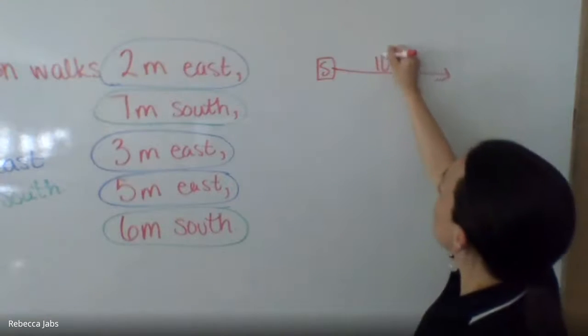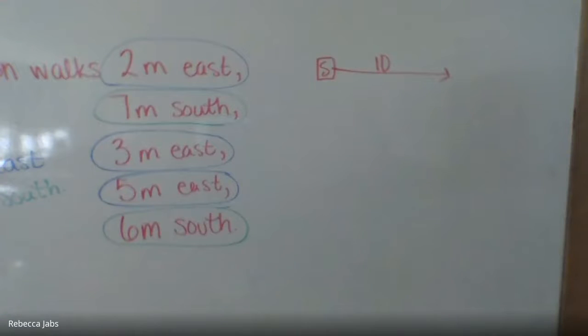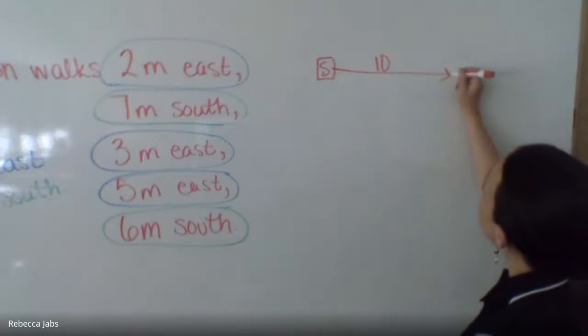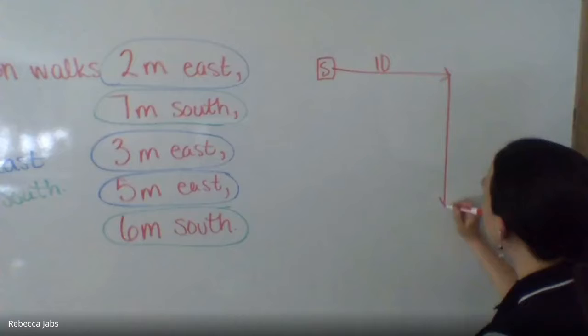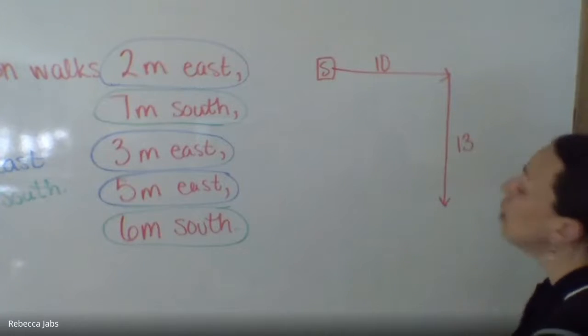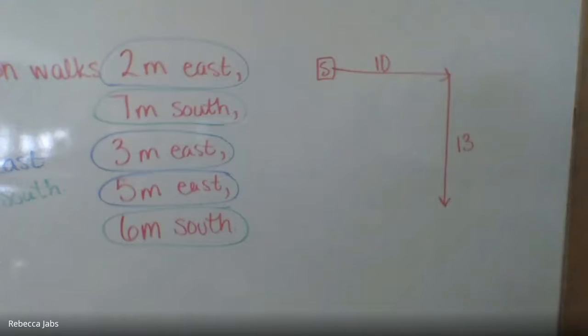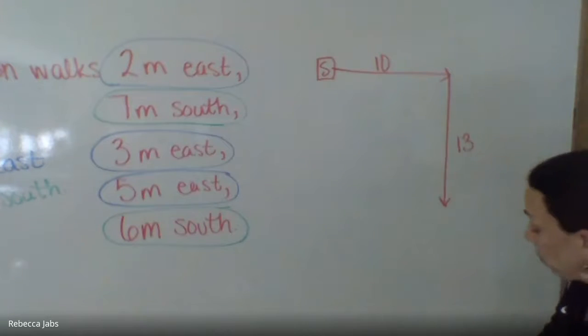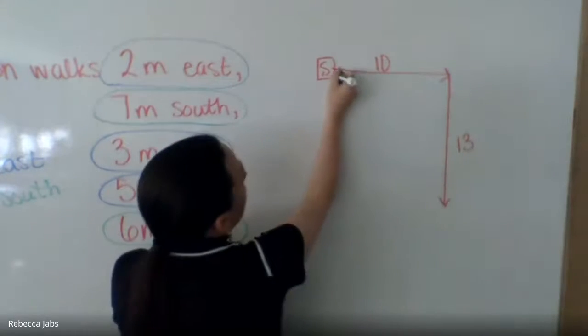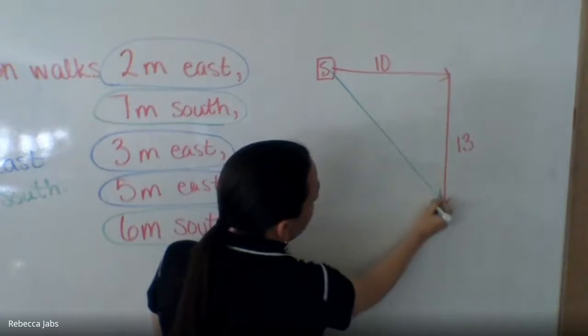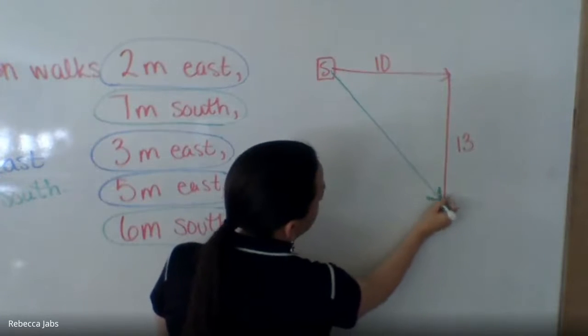So I'm going to put a 10 there. I don't need to write east. If you really want to, I suppose you could. And now from the end there, I should go south from that. I'm going to make that line just a little bit longer. That's a direction of south. And I'm putting the number 13 on there. This green line right here would be my resultant vector.